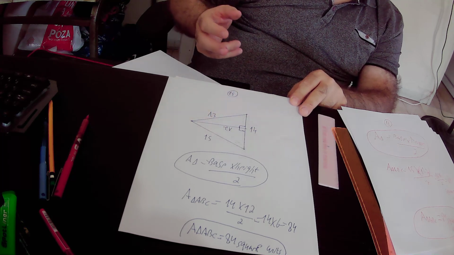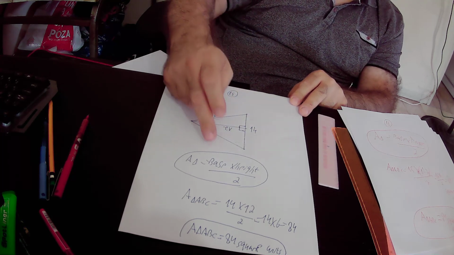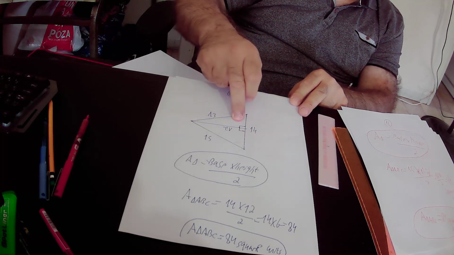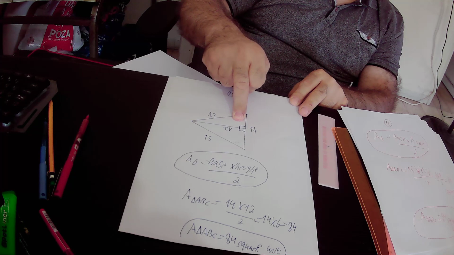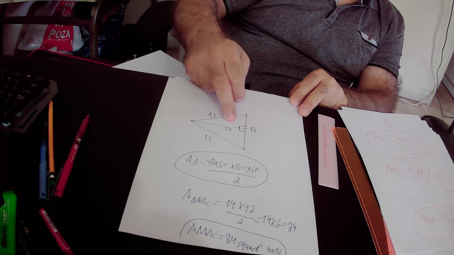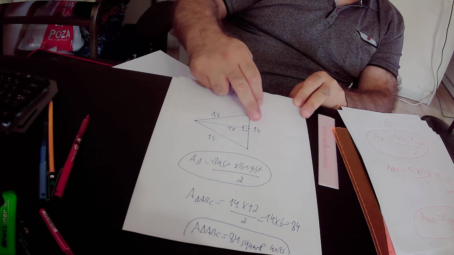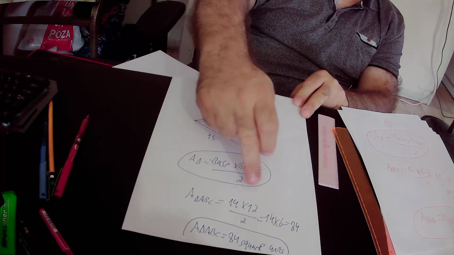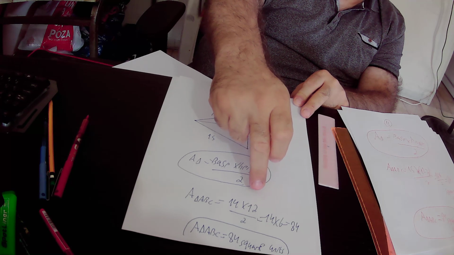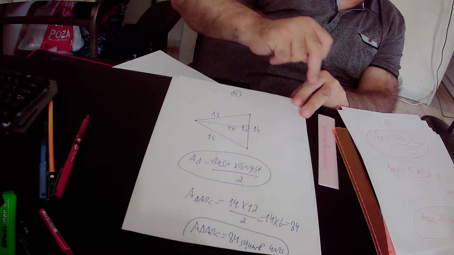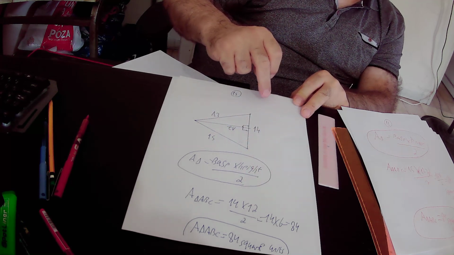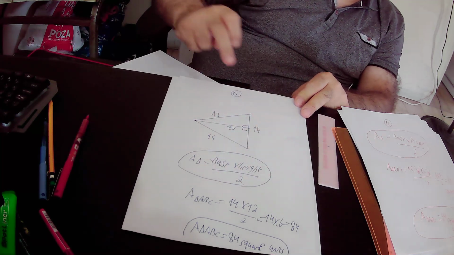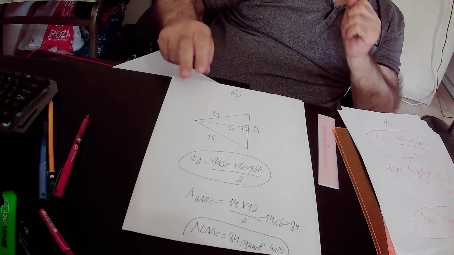The height must create 90 degrees with the base, and this height indeed does. So the area of triangle ABC equals the base, 14, times the height to the base, 12 units, over 2. So the area of triangle ABC equals 84 square units according to the third method.